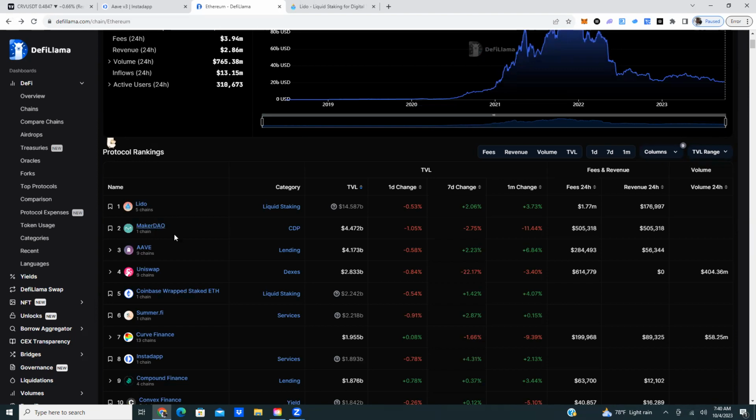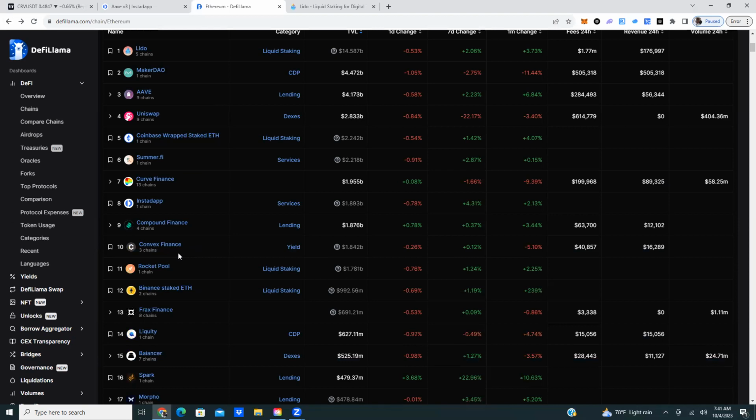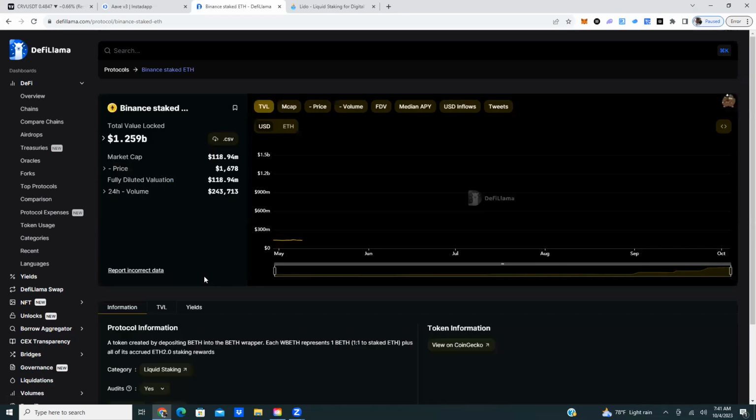Let's take a look at, we already know what Aave is about. In the past month, Binance staked Ethereum has seen an increase, wow, of 239%. Let's take a look at that. Their current total value locked is almost $1.26 billion.